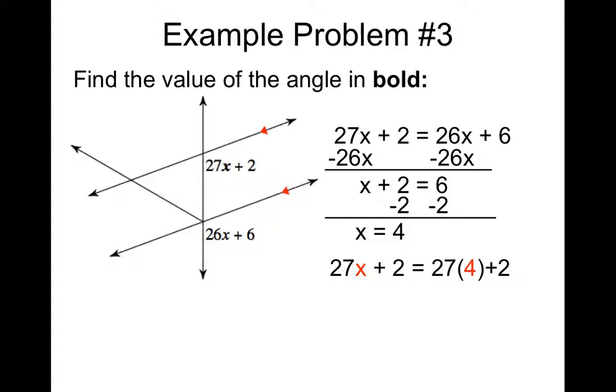So using substitution, I'm substituting in my value of 4 for x. So I have 27 times 4 plus 2. 27 times 4 is 108, and 108 plus 2 is 110. So that angle in bold there is 110 degrees.